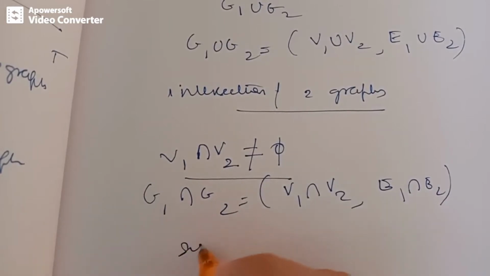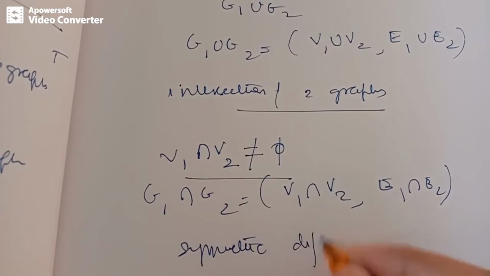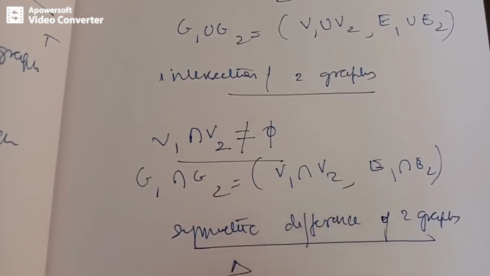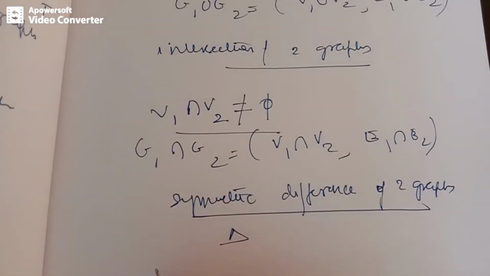And next, coming to symmetric difference between the two graphs. We have three operations. One is union of the two graphs, intersection of the two graphs, followed by symmetric difference of the two graphs. We denote the symmetric difference by delta, and it is also called the ring sum of the two graphs.